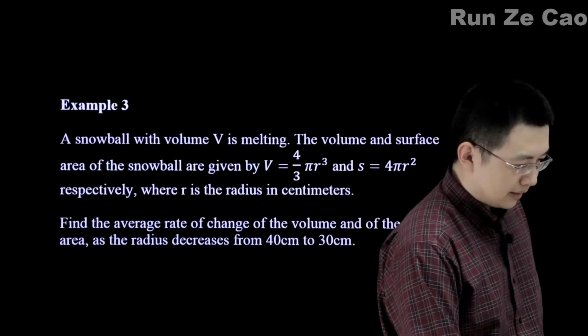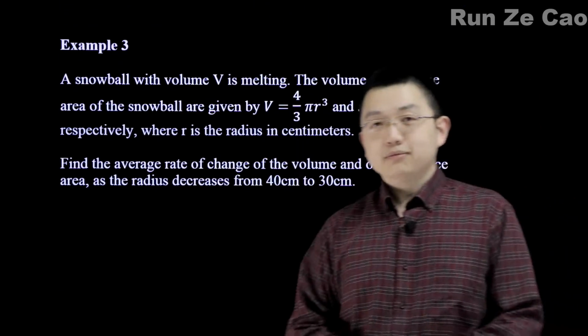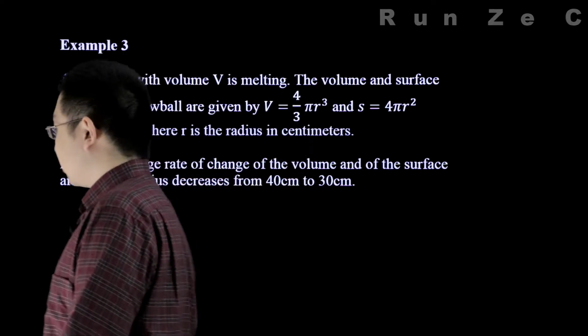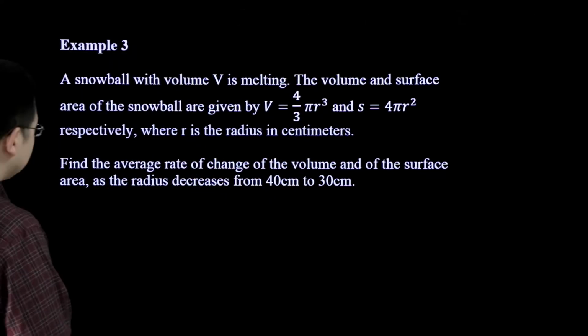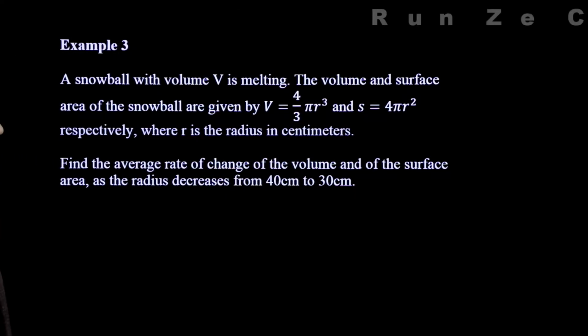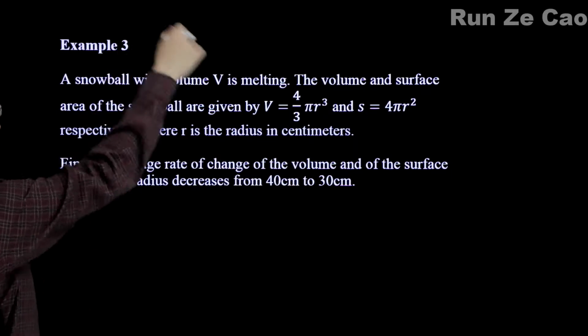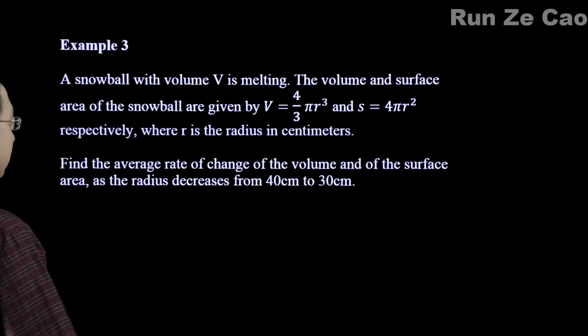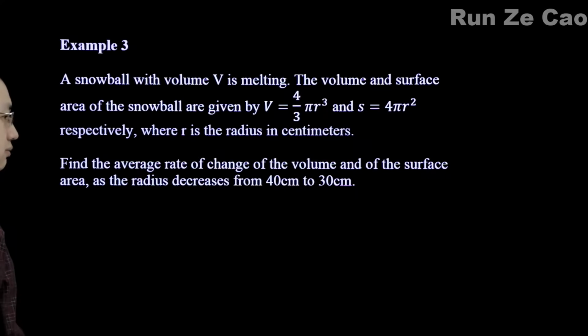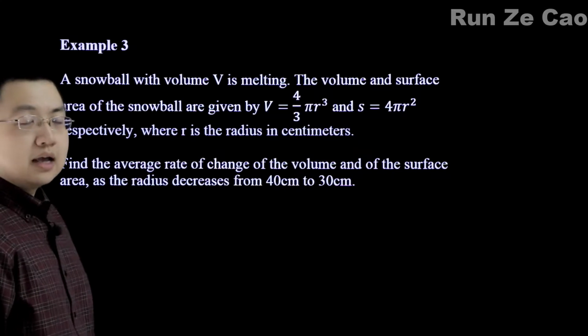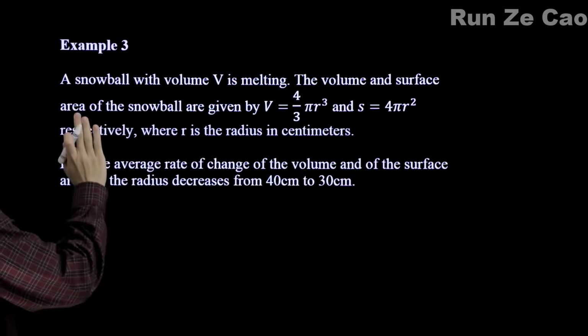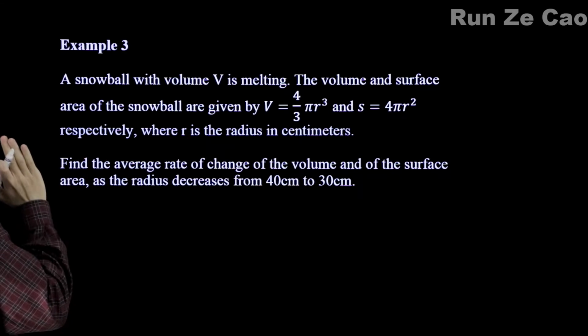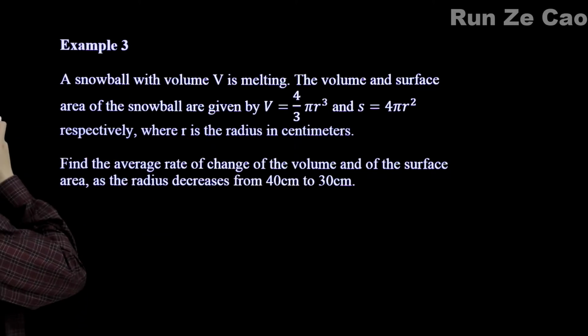Okay, so let's do one more example. We are going to do something that's slightly less, hey, what about if it goes up and then down for speed? Or how about running around a track versus standing there for speed? So here we have to deal with volume and surface area.